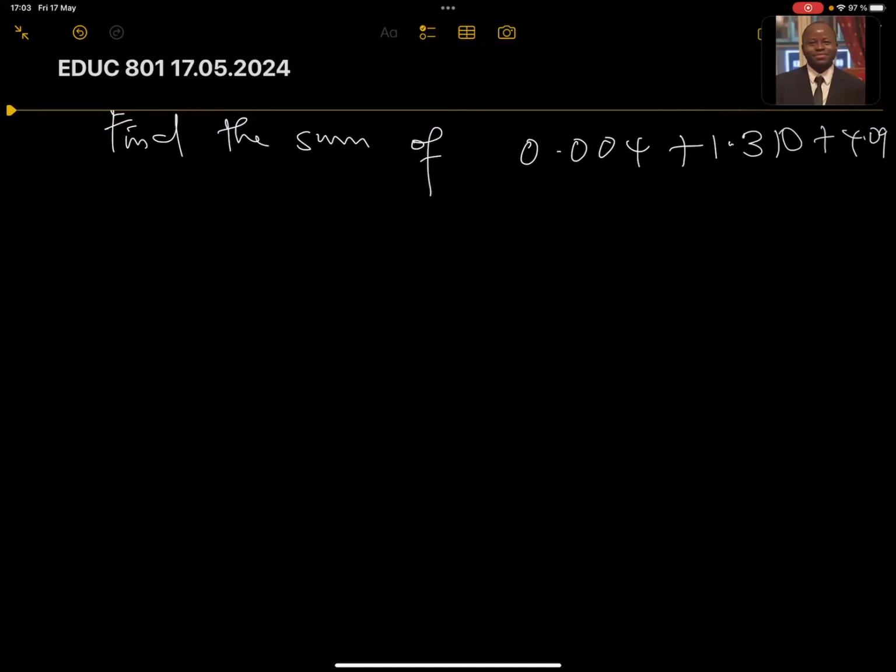So you can kindly mute yourself to avoid interruption, please. For you to find this kind of sum, what you do is simple. You arrange the numbers in such a way that the points align. I mean, the decimal point.